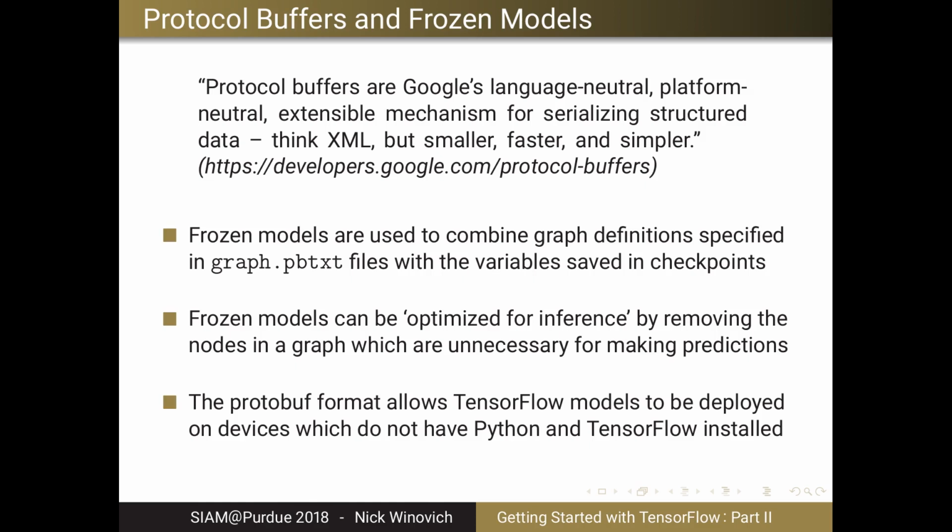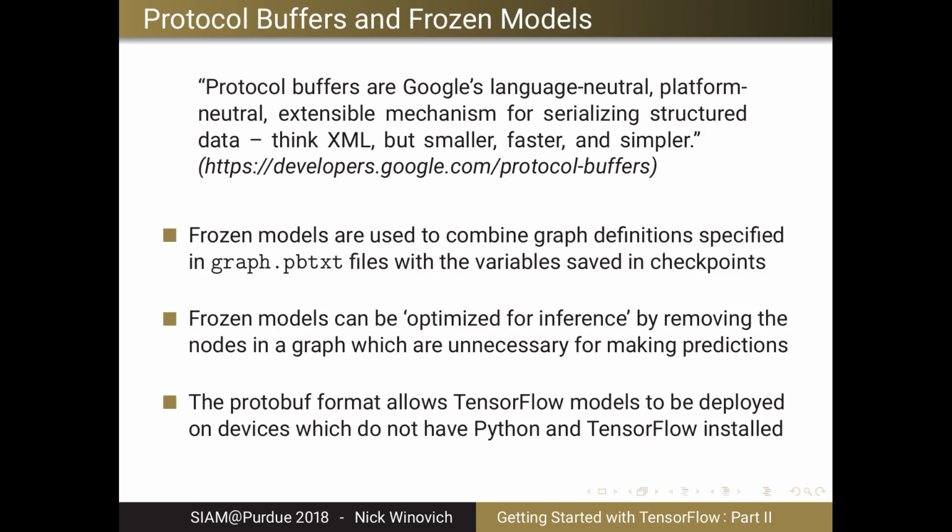But these are effectively very short descriptions of all of the necessary aspects of your model. Again, the graph is saved, and the weights and their values are saved. And from that information, you can reconstruct the model in different languages or on different platforms, and basically, it's a nice, simple way to make portable code.